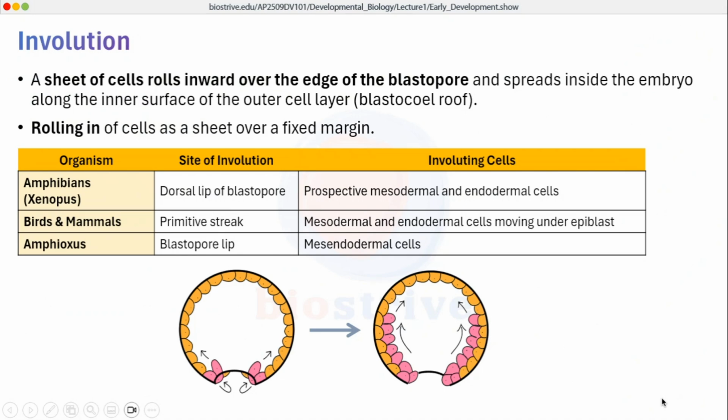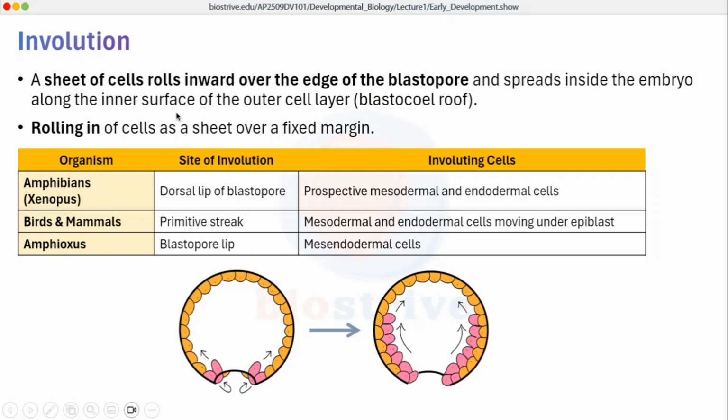In case of involution, there will be inturning. So there is one layer, and these cells will start inturning and run across this static layer. As you can see, these cells have inturned, and these cells will start moving alongside this static layer. So this type of movement where cells turn inward, we call involution.